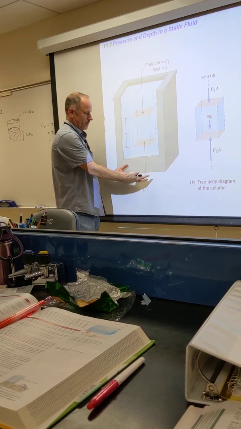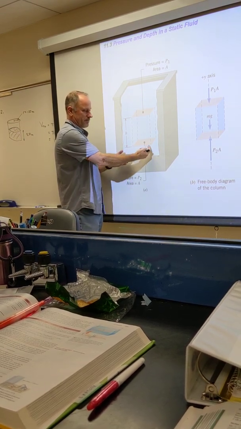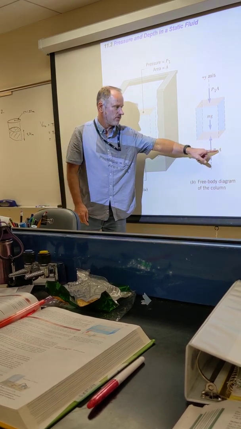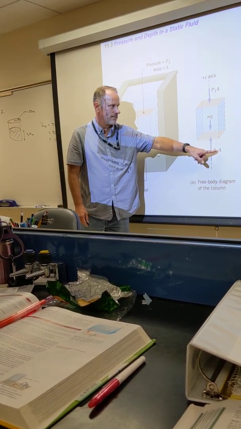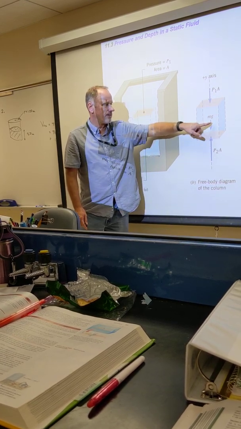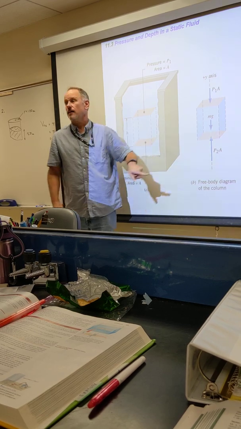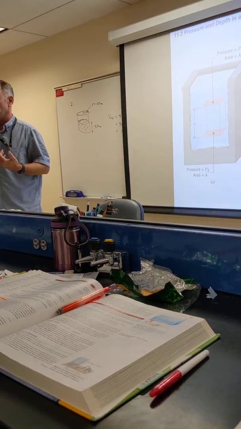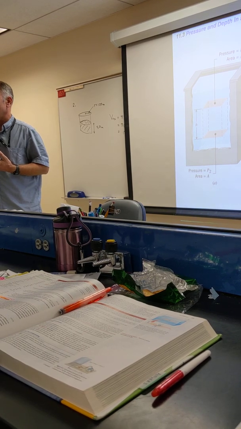Likewise, there's liquid pushing up on the bottom of this representative block. That force is P2A, yes? Okay, so I've got up minus down, and there's also just the weight of the water in the block itself, or the liquid in the block itself. So there's three forces acting on this thing.